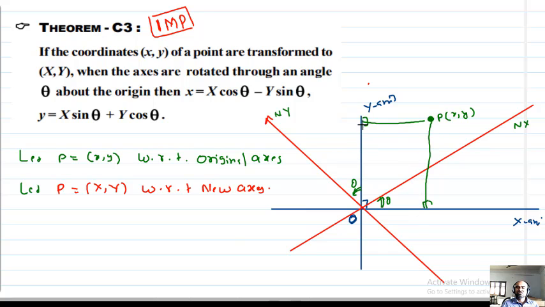Now draw a perpendicular on the new x-axis, this is mod capital Y, because with reference to the new axis it is capital X, capital Y. So this becomes small y, this becomes capital Y, this becomes small x, this becomes capital X. Using that concept I want to complete it.